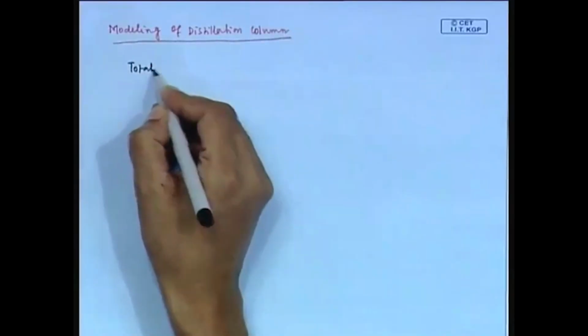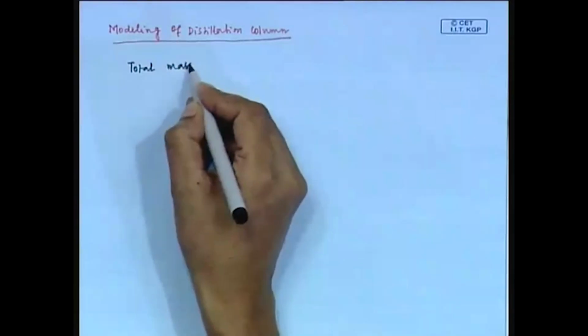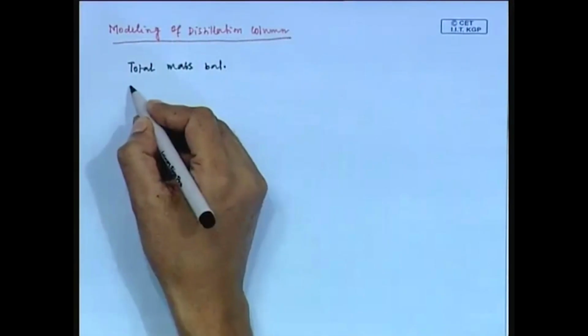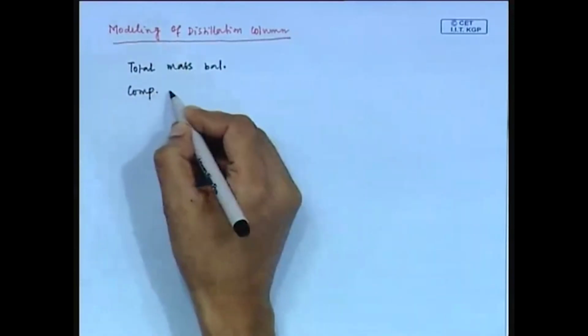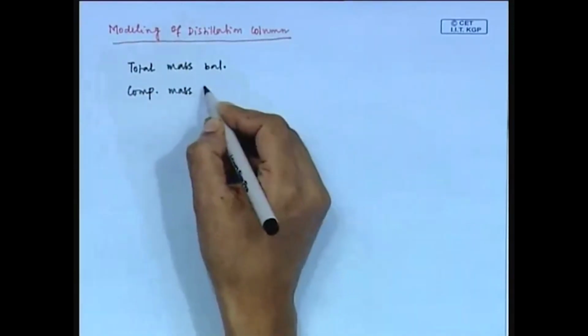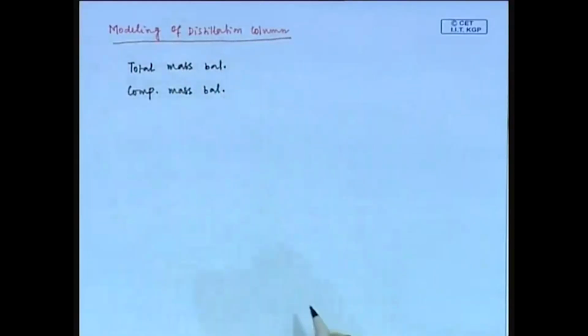So, in the last class we have derived mass balance equations. I mean, first we have derived the total mass balance equation along with the component mass balance equation.